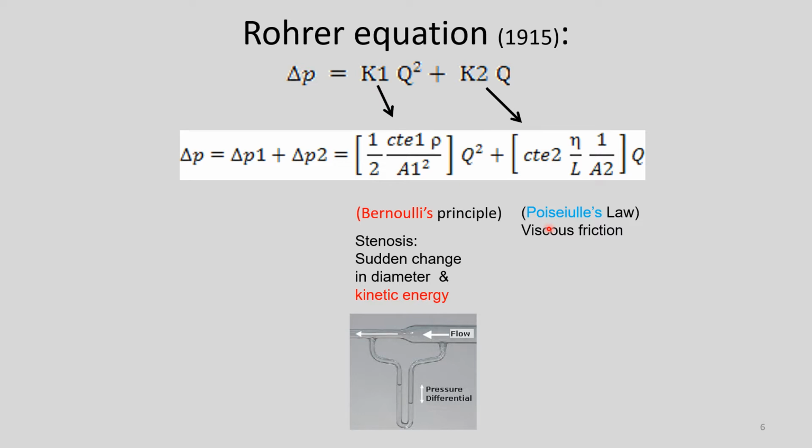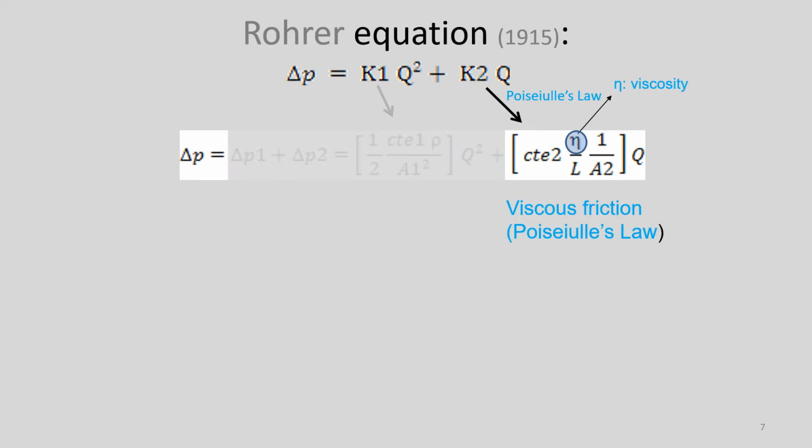They are concentric laminae like a telescope tube, and this is the second term. And when you look at this Poiseuille term, call attention that it depends on the viscosity of the fluid, which is in this case the viscosity of the blood.